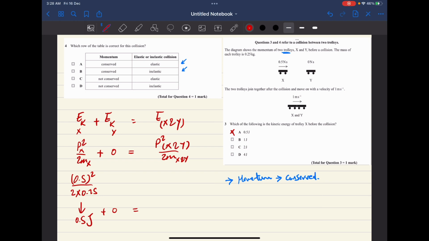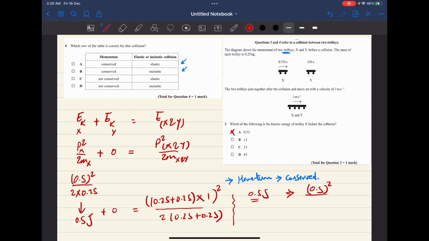The sum of both x and y is 0.25 plus 0.25 times velocity, which is 1, all squared, divided by 0.25 plus 0.25. The left side is only 0.5 joule for the kinetic energy for x, but for the right side, 0.25 plus 0.25 is squared, so 0.5 squared divided by 2 times 0.5.